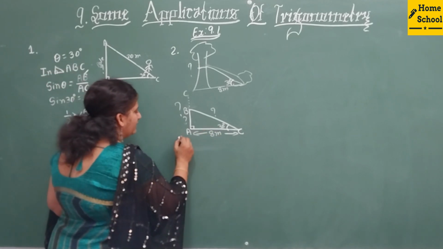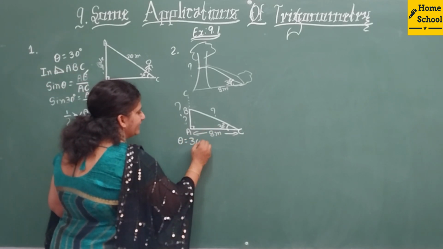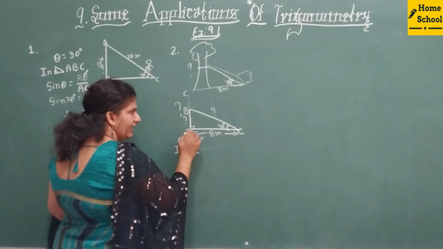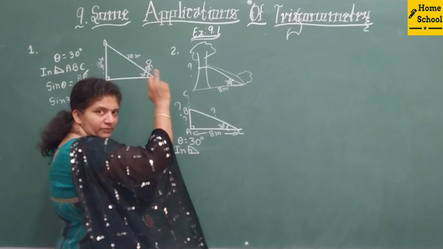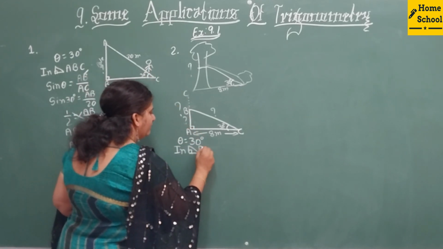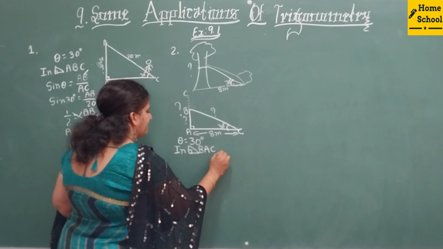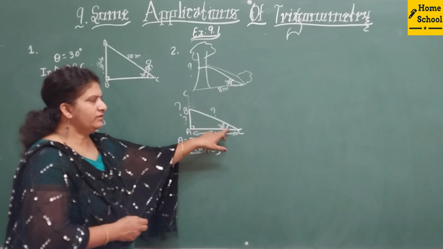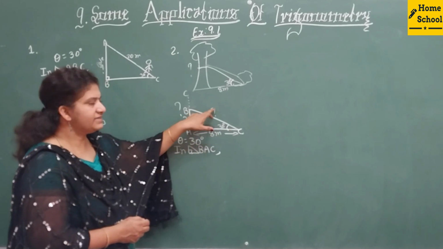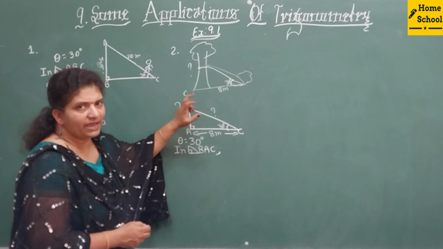Given angle theta is equal to 30 degree. In right triangle at A, that means tree is perpendicular. So take right angle here. In right triangle BAC, observe for angle, this is which side? Opposite side. And this, right angle opposite side, is hypotenuse.